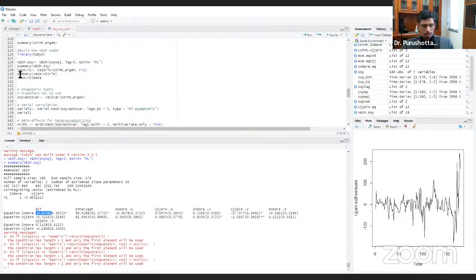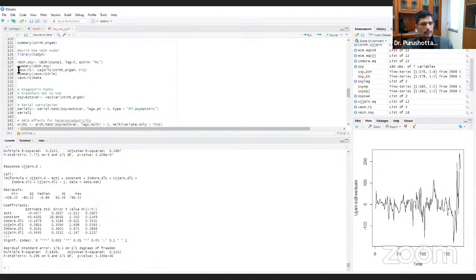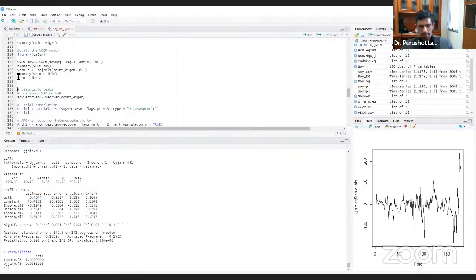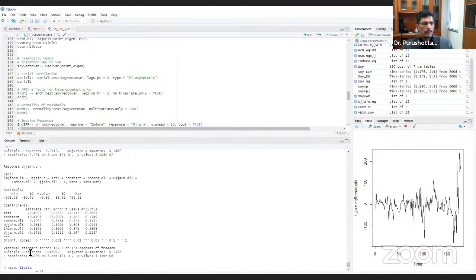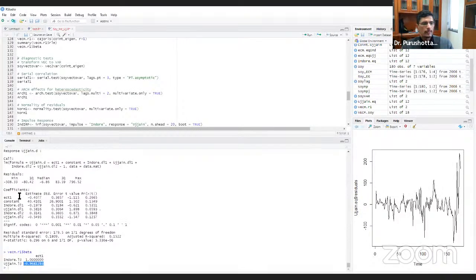We are going to see whether these are error correction terms for that, and then I think we are approaching the time. So error correction, as we have seen earlier, long term and short term. This one is long term and this one is short term.